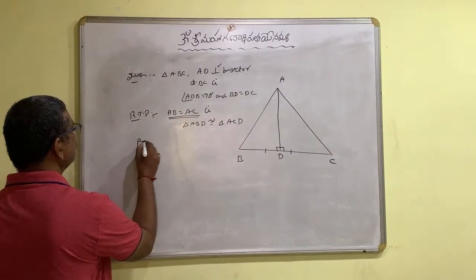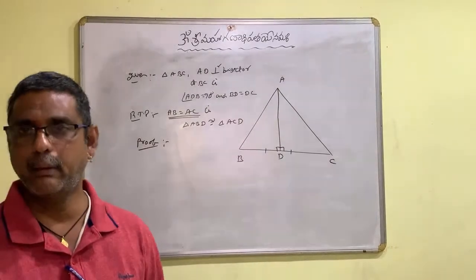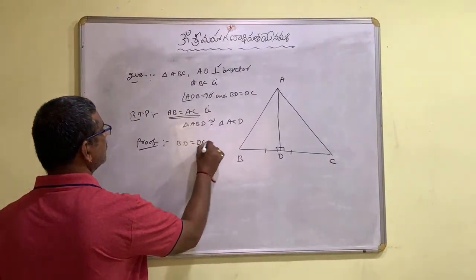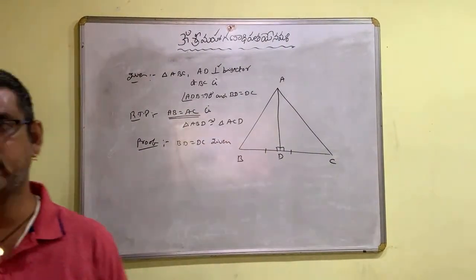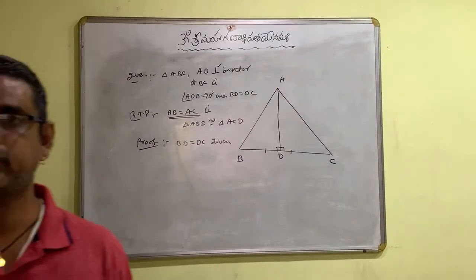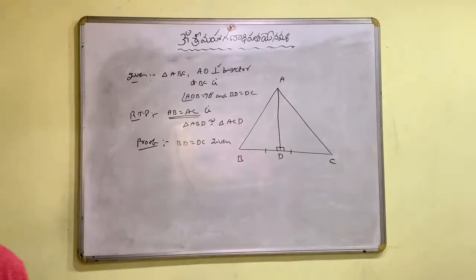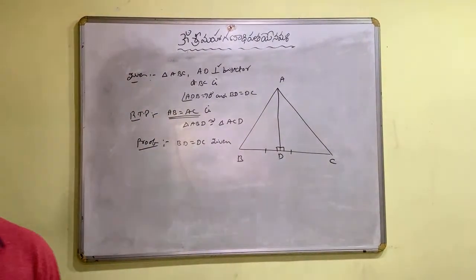Proof. Yeah, BD is equal to DC. Nice. Given. BD is equal to DC, given. Right. Next. AB is equal to AC, we have to prove.